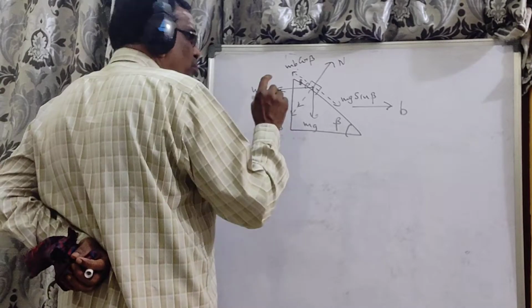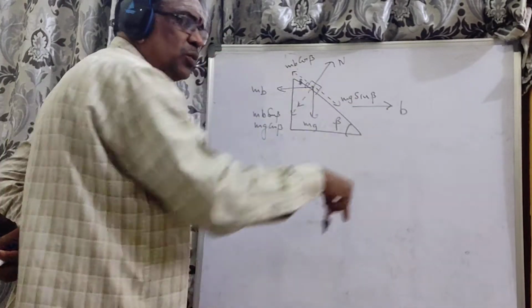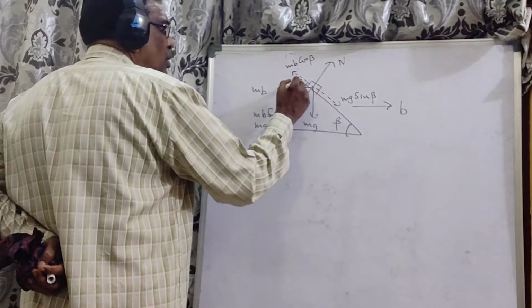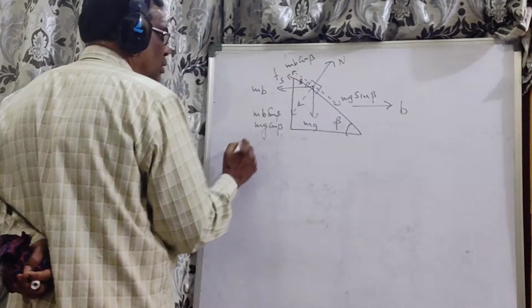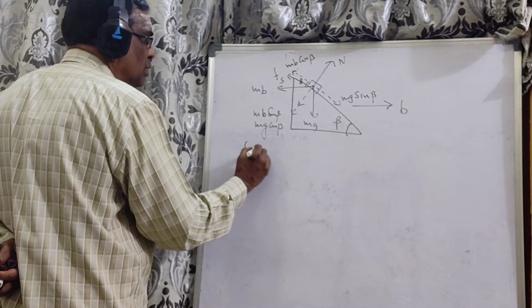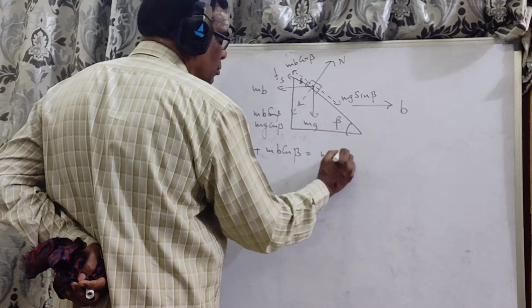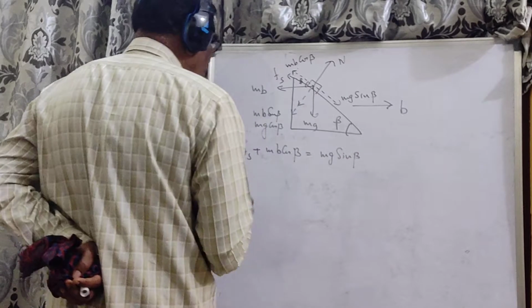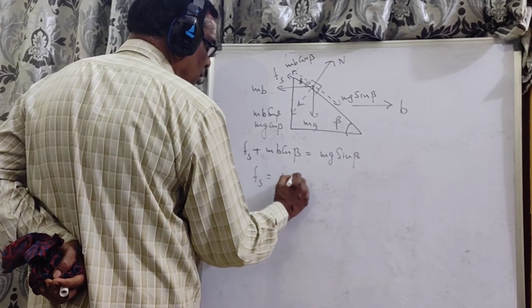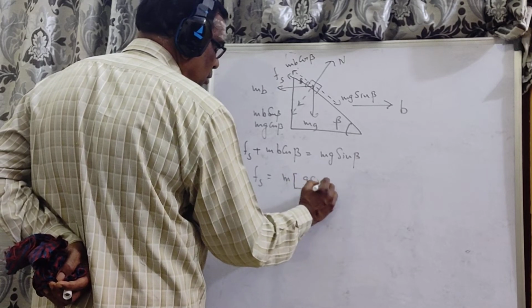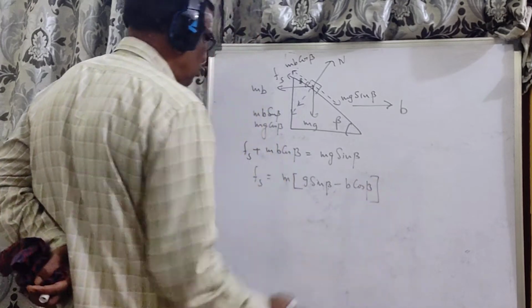Now, presuming it is going very slow, the tendency is to slip down. So the frictional force is up. So how do you write now? Fs plus mb cos beta equals mg sin beta, or what is Fs? Now you will get it for yourself here. m common, g sin beta minus b cos beta.